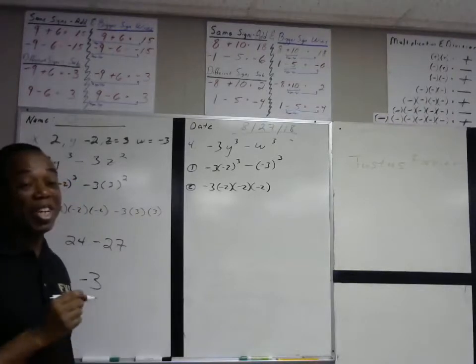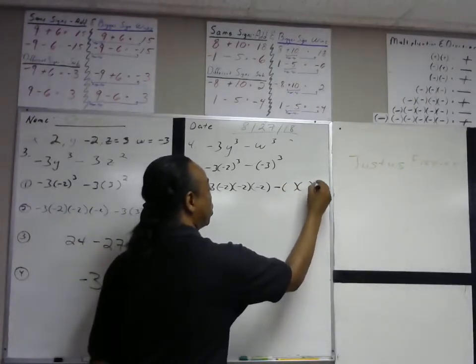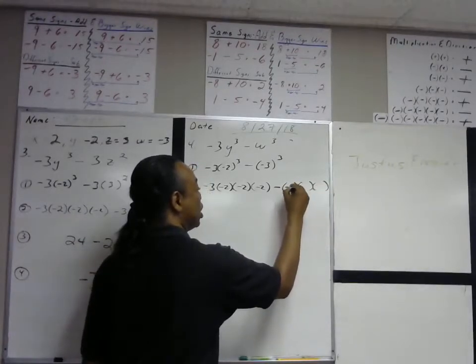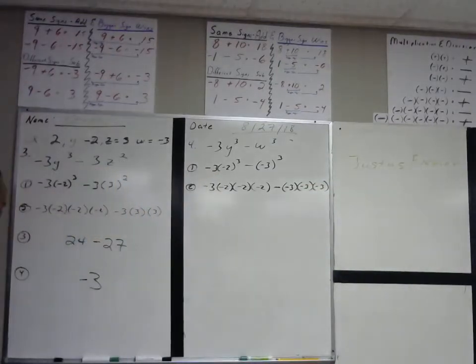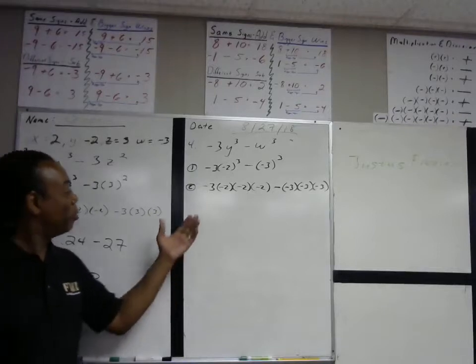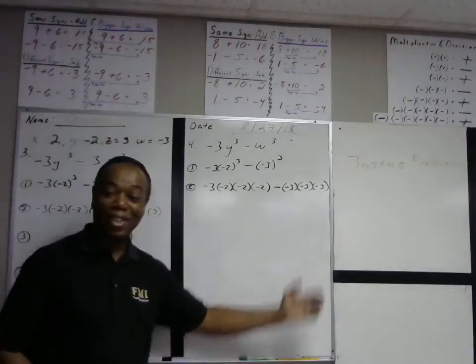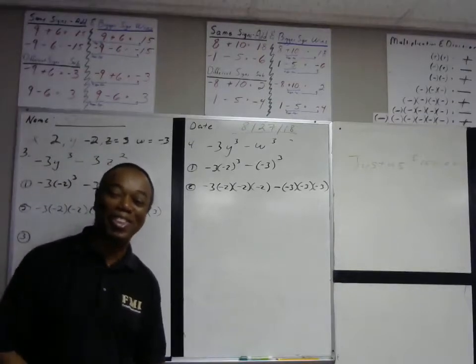The expansion of the next piece will be negative, parentheses, negative 3, negative 3, negative 3. I know things look very negative right now, but we'll make this a very positive experience.